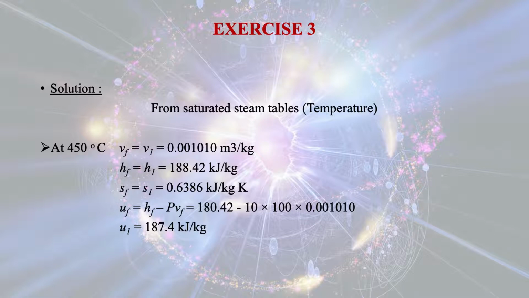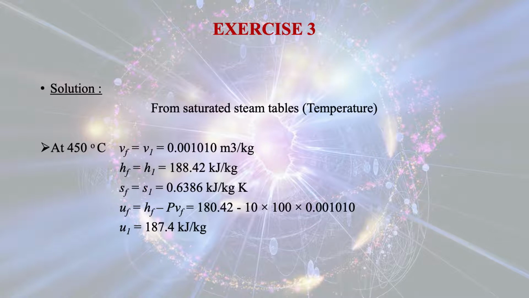This obviously we are getting from the steam table at the initial conditions, and the entropy at the initial condition is given as 0.6386 kilojoule per kg K, and Uf is equal to Hf minus P Vf. This formula we can get from the Gibbs equations, and that comes out to be 180.42 minus 10 into 100 into 0.00110.